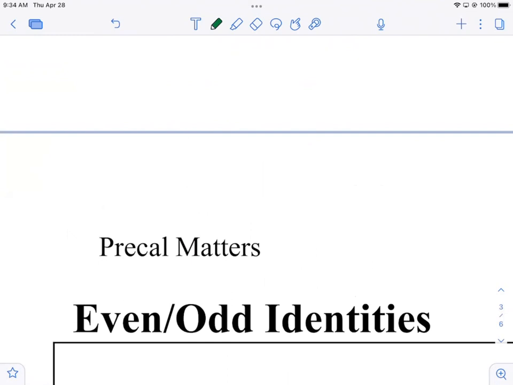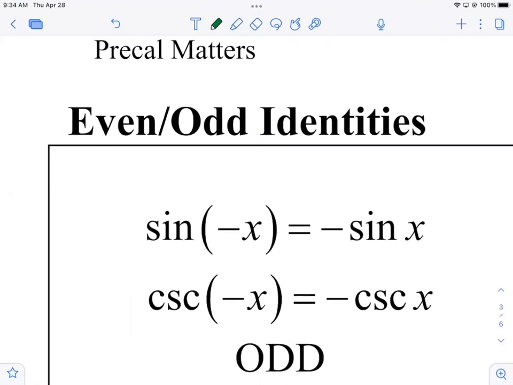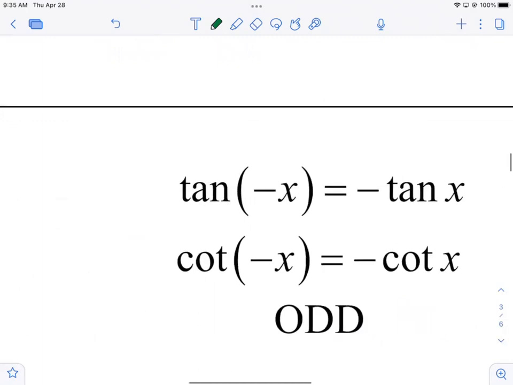Each of the 6 trig functions. Next set of odd functions.